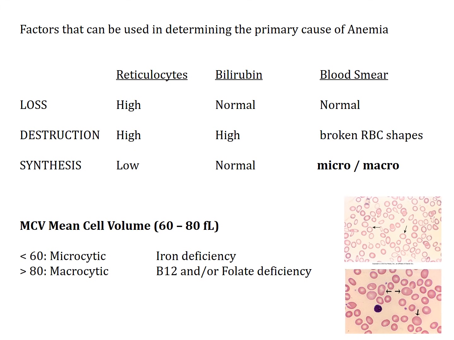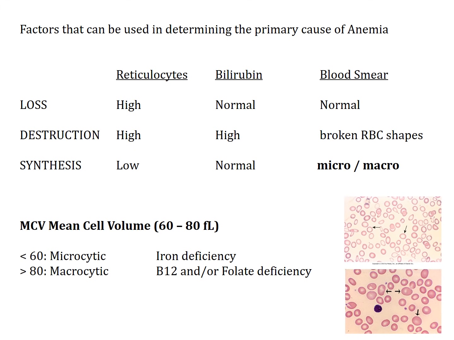So if you find out that it is a synthesis problem, then you look at the MCV. Individuals with iron deficiency have a very low cell volume. Individuals with B12 or folate deficiency have a very high cell volume. And the lab techs will be able to tell that to you.